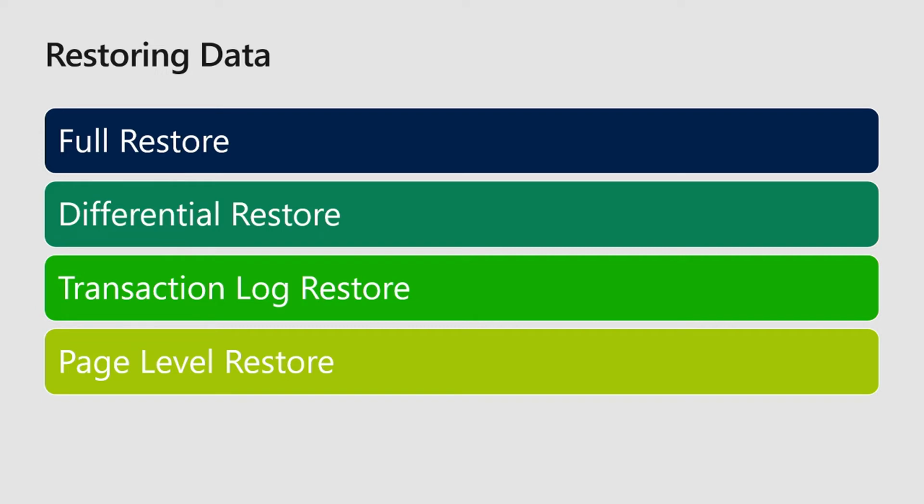So if I've got a 2 terabyte database, I really don't want to wait for 2 terabytes of data to be rewritten to the hard drive and my customers to be down for that amount of time. Instead, I'll restore the 16 kilobytes that's actually corrupt, roll those forward using the page level restore, and then get the database back online probably within a few minutes instead of a couple of hours while I'm restoring everything.